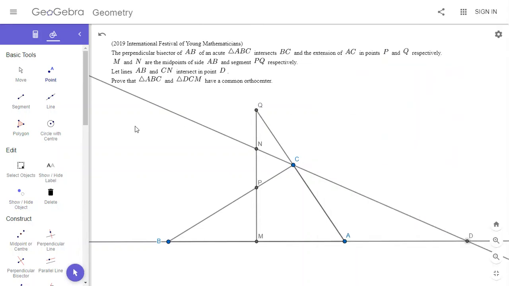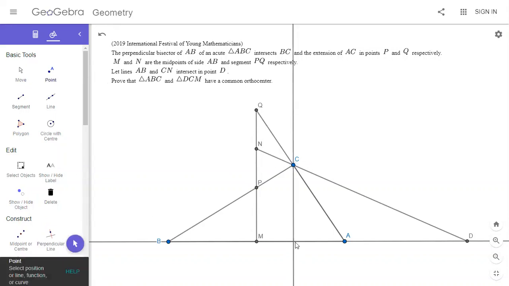Oh wait, it already says D. So Q, N, P infinity, if we project, maybe this will be an easy problem. I would be kind of happy if it is.